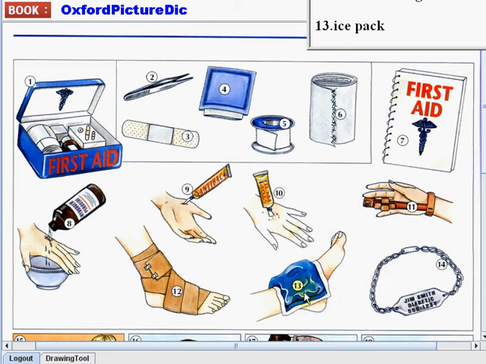And number 14 is what we call the medical emergency bracelet. A medical emergency bracelet has the patient's name and, of course, why he is confined in the hospital. What is his sickness, or illness.